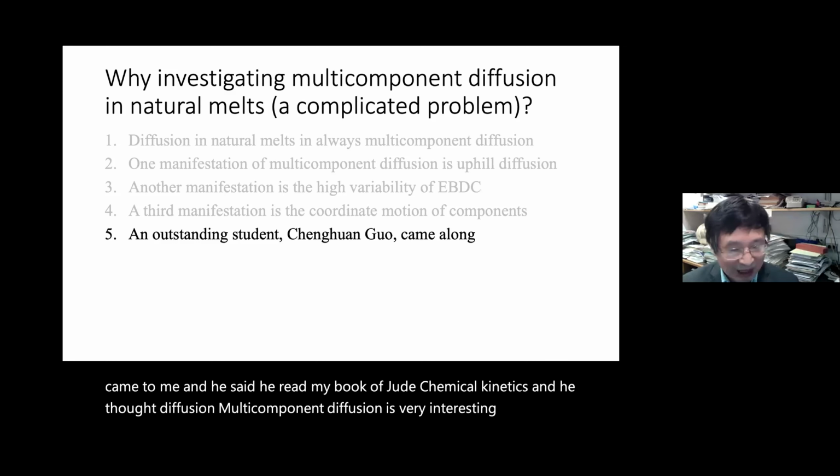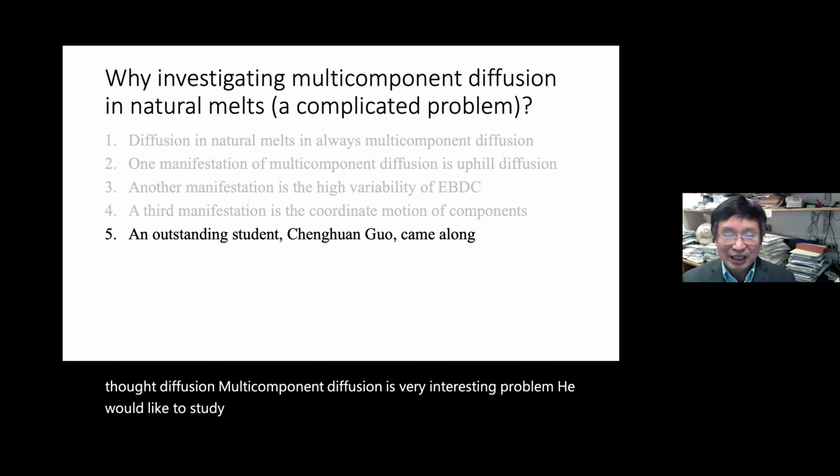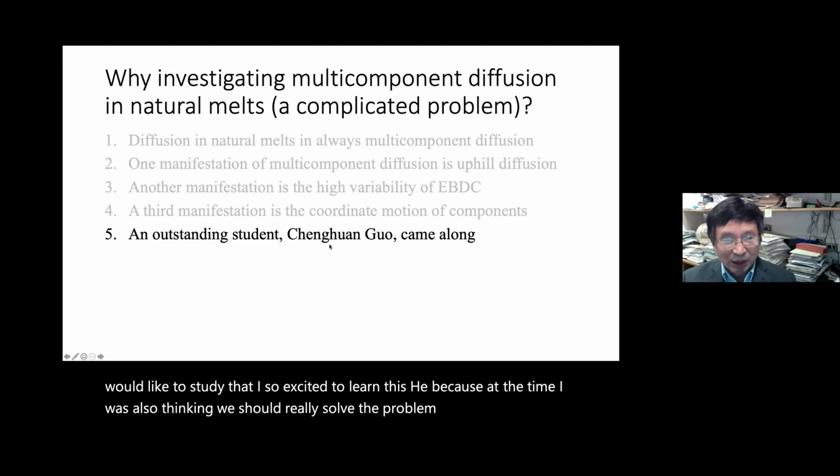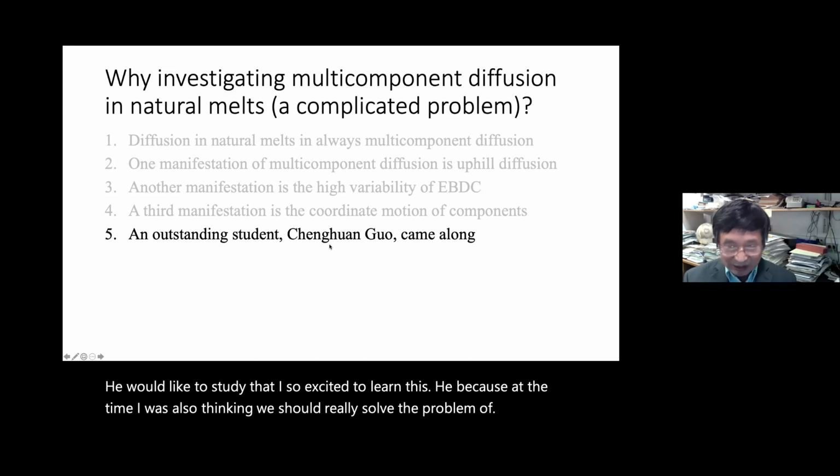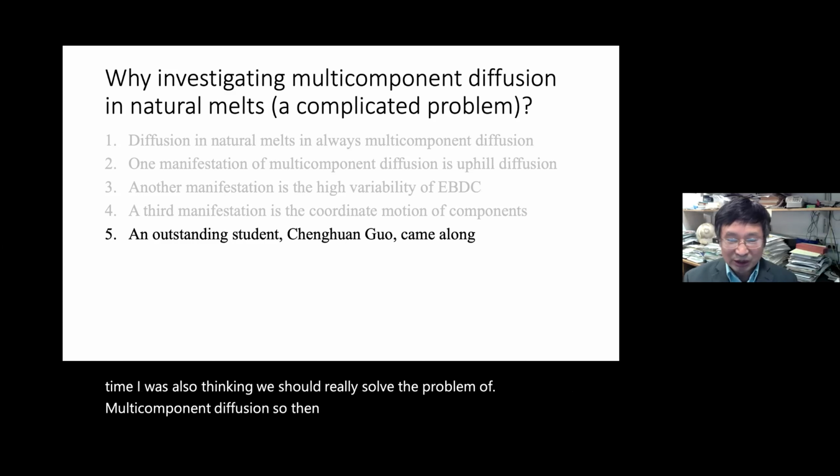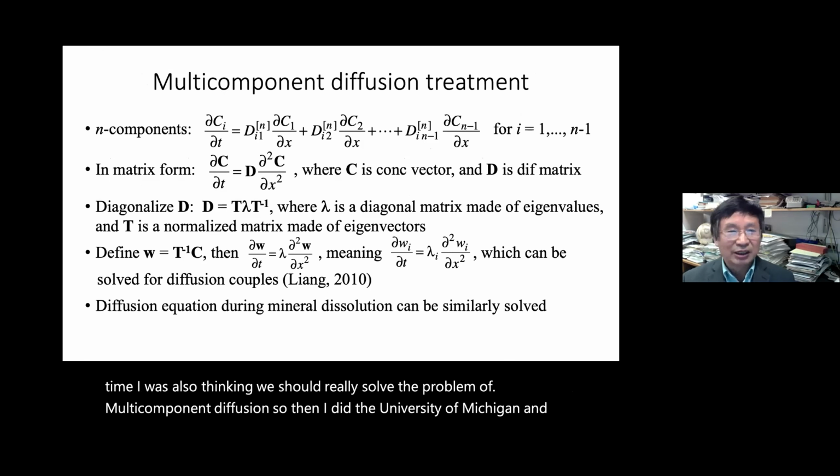He would like to study that. I was so excited to learn this, because at the time I was also thinking we should really solve the problems of multi-component diffusion. So I recruited him to the University of Michigan, and we boldly carried out the project.